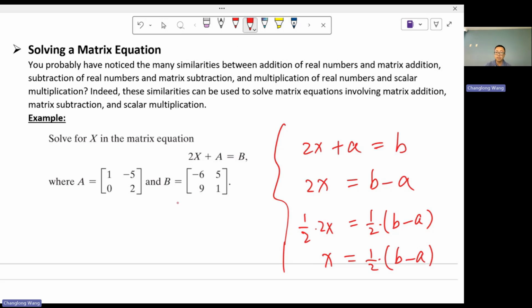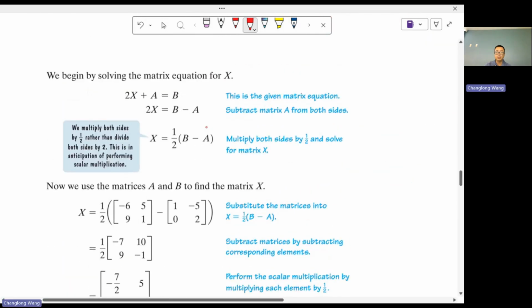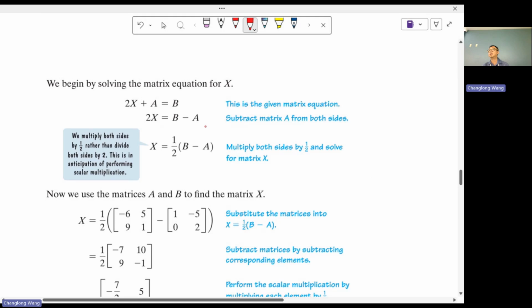But now when it comes to matrices, guess what? It works out the same exact way, right? So when it comes to subtracting matrix A from matrix B, you do it entry by entry, right? And A and B must have the same order. Otherwise, they're not subtractable.